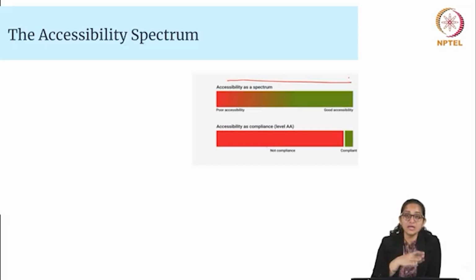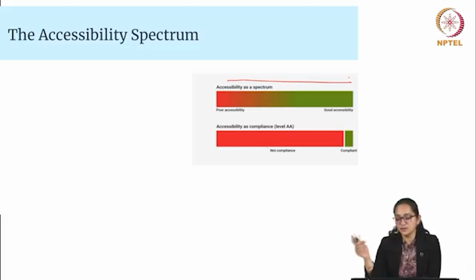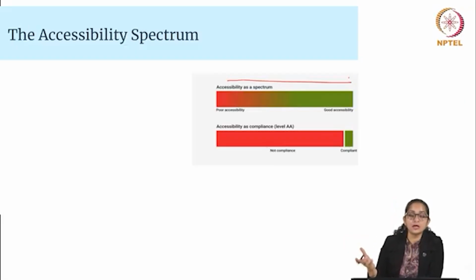However, when we put accessibility in the jar of compliance, then it suddenly becomes black or white. It is either pass or fail, right? So then it fails to be on a spectrum. This is where the thresholds of pass or fail come in.